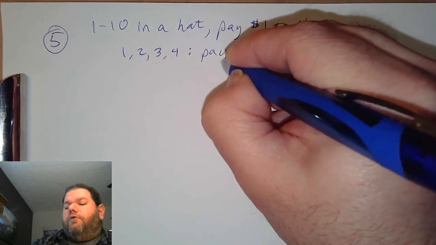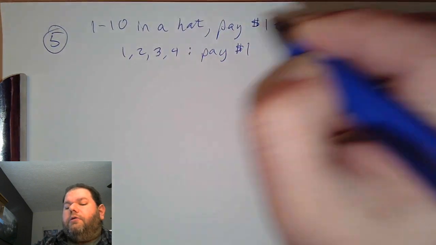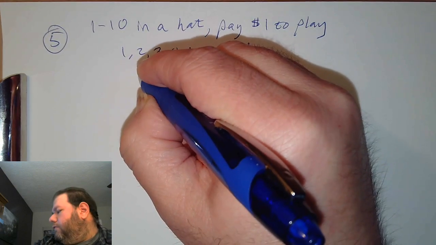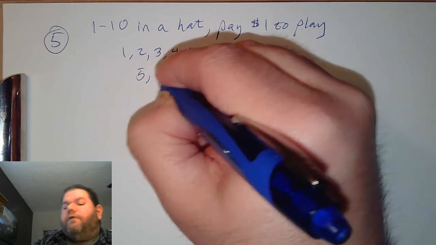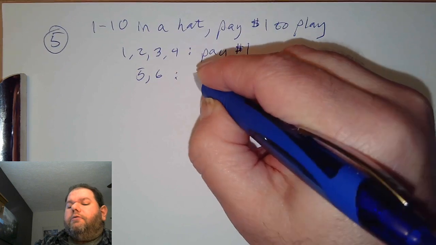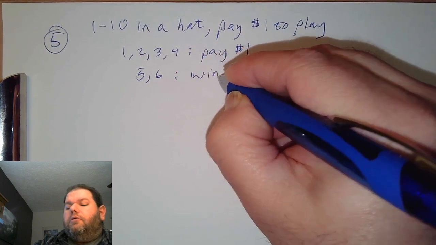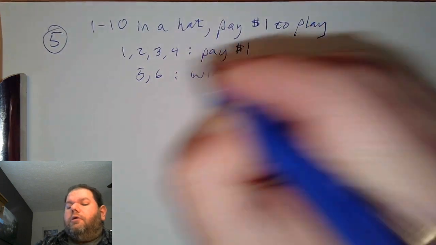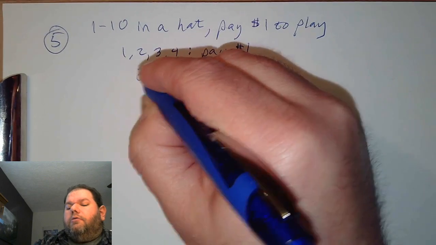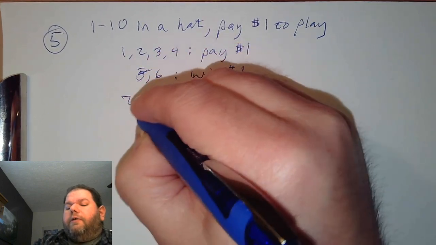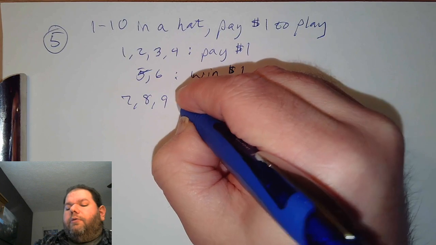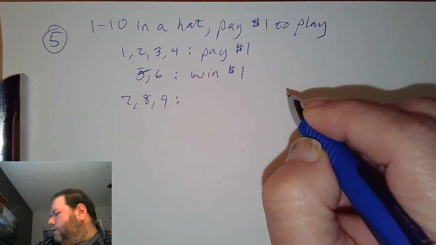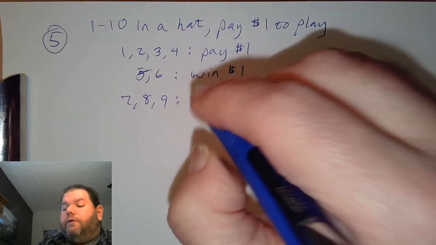So 1, 2, 3, 4, we pay $1. 5 or 6 wins us $1. Well, 7, 8, or 9 wins us $2.